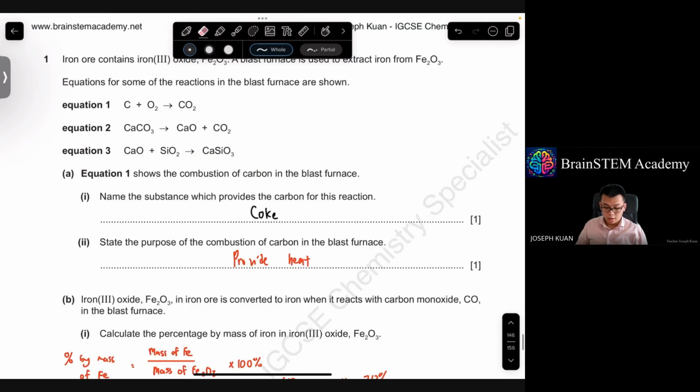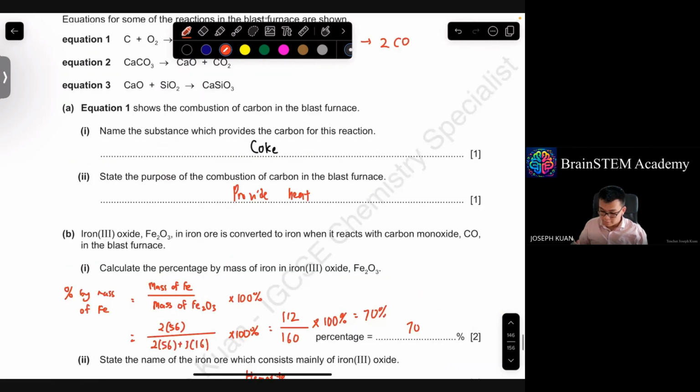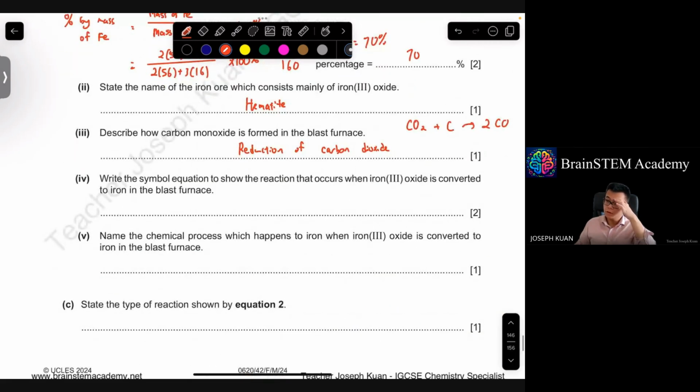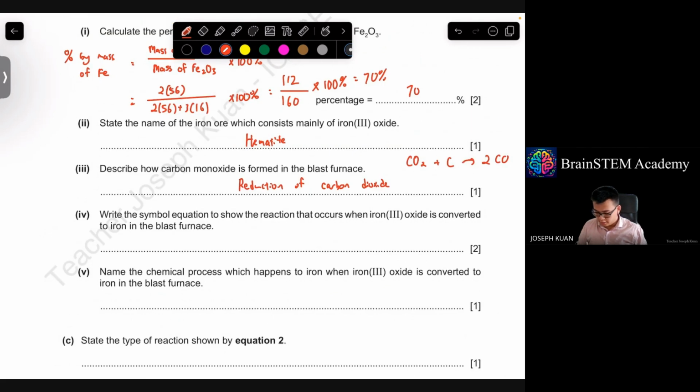So it's not an equation, but the carbon dioxide reacts with more coke, forming 2 carbon monoxide for each carbon dioxide. You can also just say that it's by reduction by carbon of carbon dioxide, if you want to add on the information.